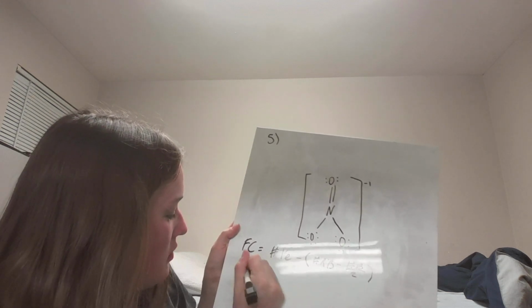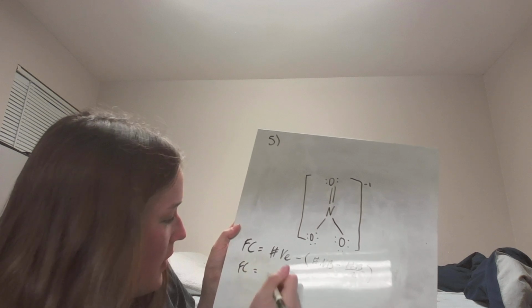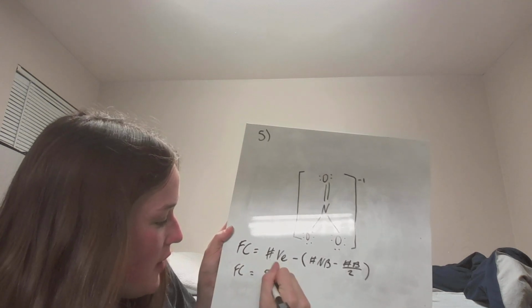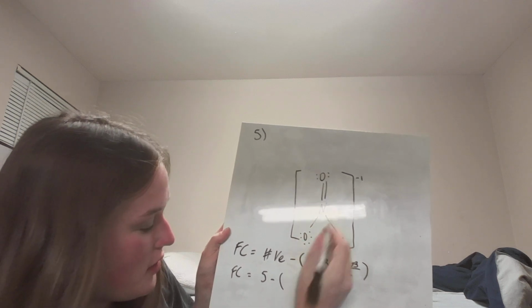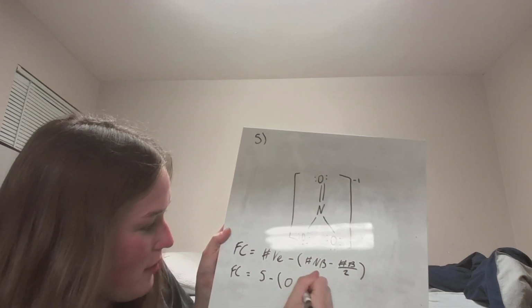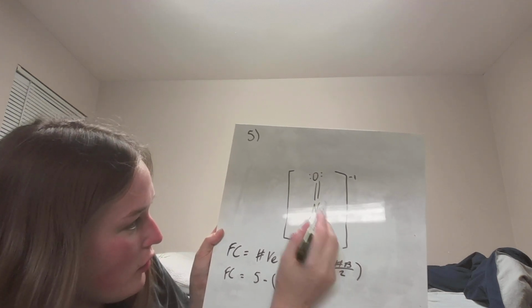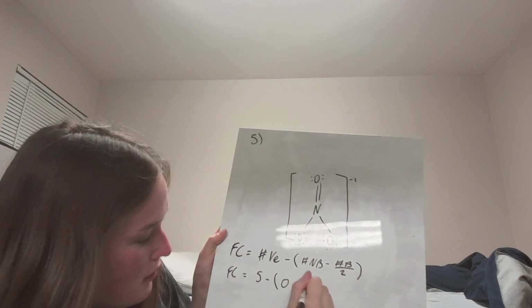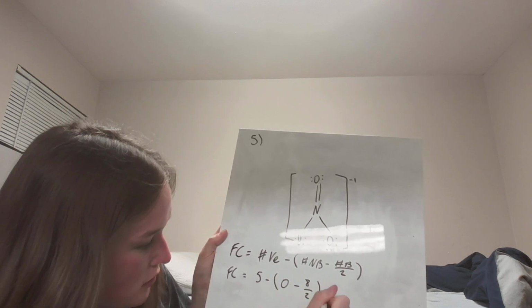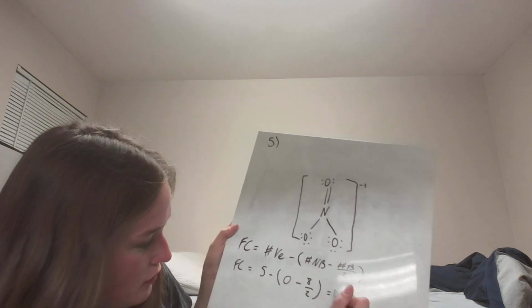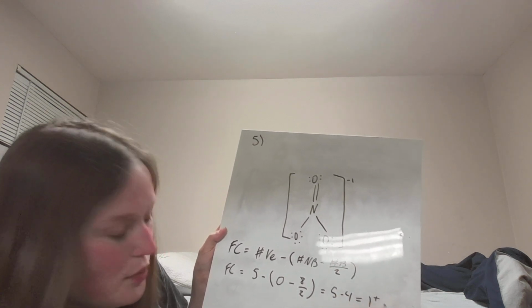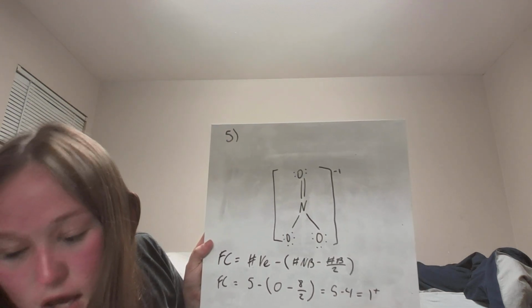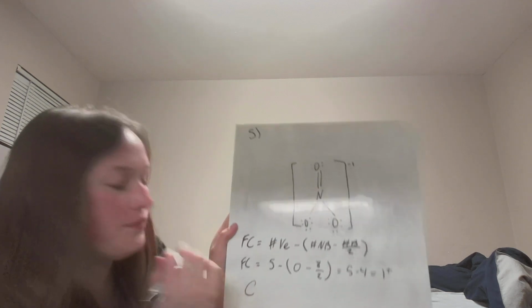So for nitrogen, the number of valence electrons is 5, minus 0 non-bonding electrons on nitrogen, minus the number in a bond, 2, 4, 6, 8 over 2. That's 5 minus 4, which equals positive 1. That is answer choice C.